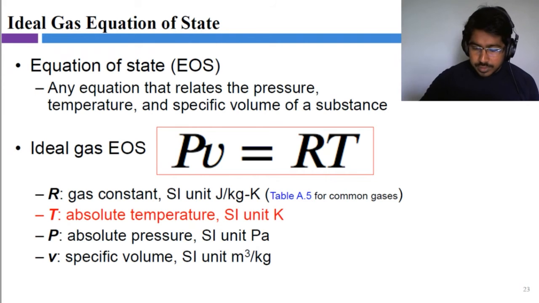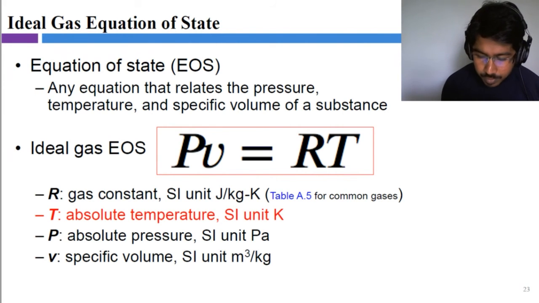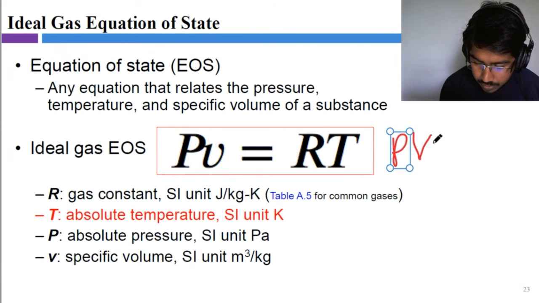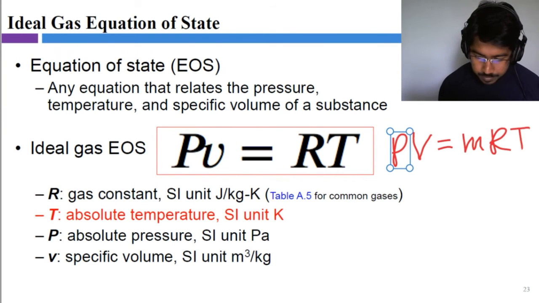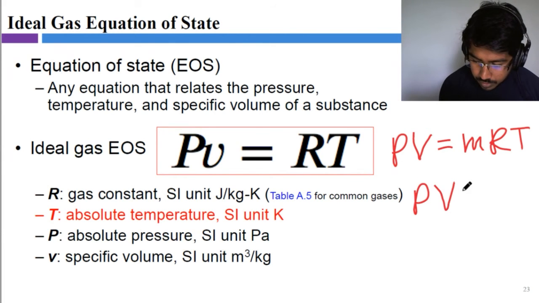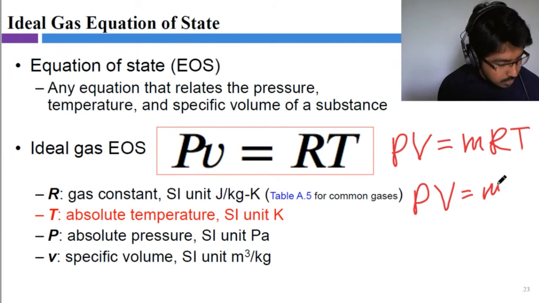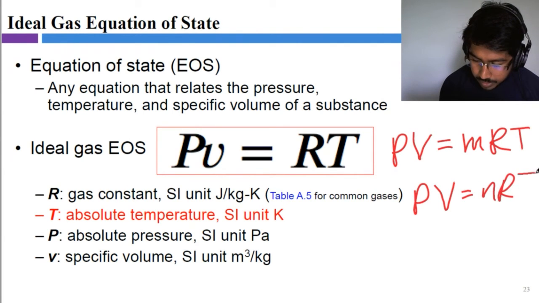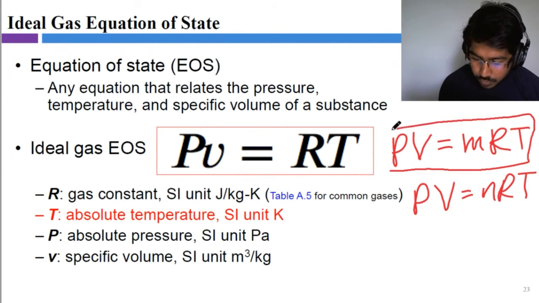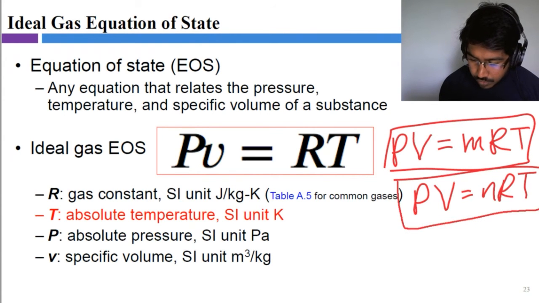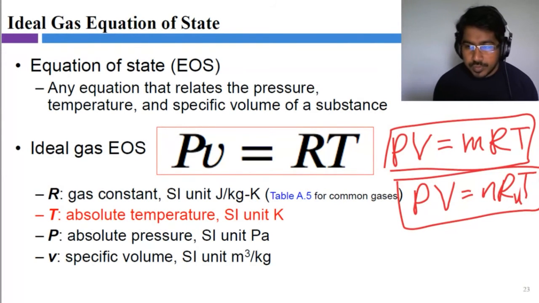In high school, you should have seen this equation in the form of PV equals mRT, or PV equals nRT. Out of these two forms, which is more familiar to you? nRT is more familiar, right?